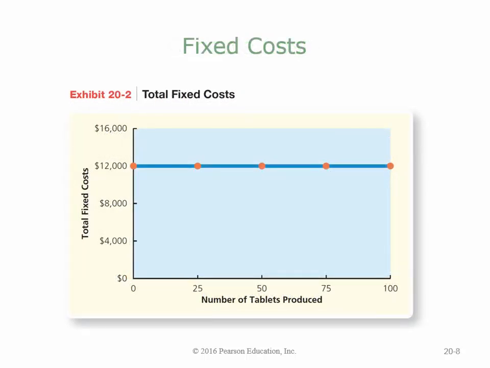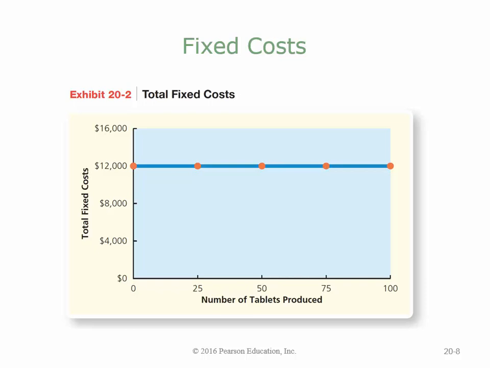Fixed costs, on the other hand, are always going to be a flat line, right? Regardless of the number I produce or sell, my fixed cost stays the same. It's fixed, which means that our fixed costs are not constant on a per unit basis. They're constant on an overall or a total basis.